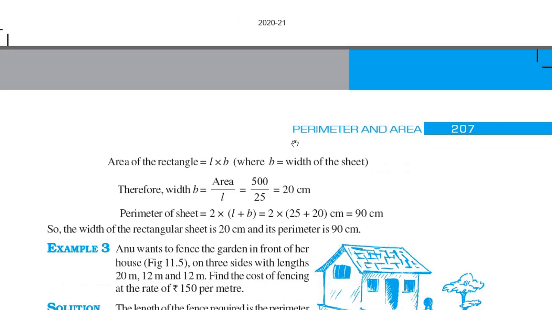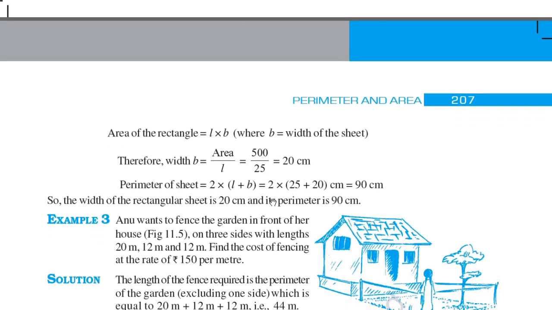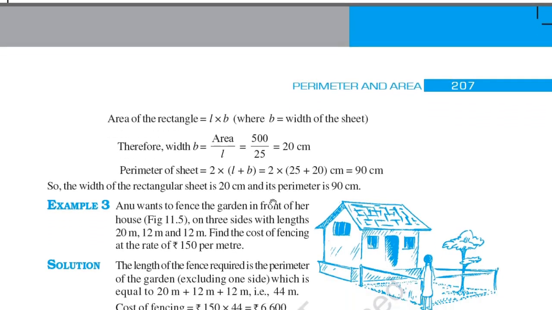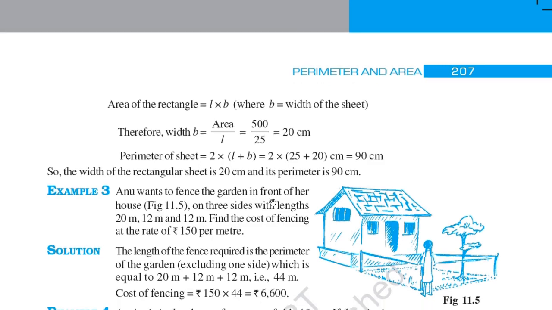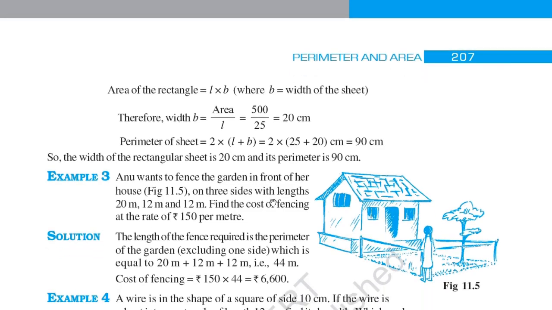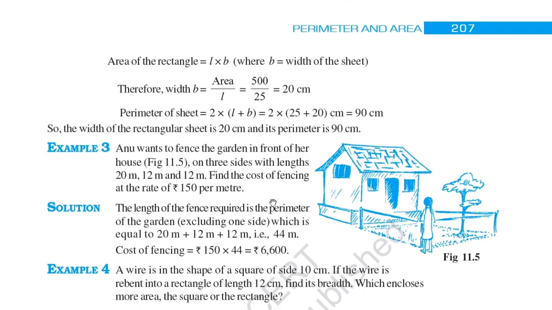So what we are doing here, we are just dividing area by L. So area upon L is equal to 500 upon 25, that is 20 centimeter. So perimeter of sheet, you know that 2 into (length plus breadth) is the perimeter of rectangle. So we get 2 into (25 plus 20) centimeter, that gives 90 centimeter. So the width of the rectangular sheet is 20 centimeter and perimeter is 90 centimeter.